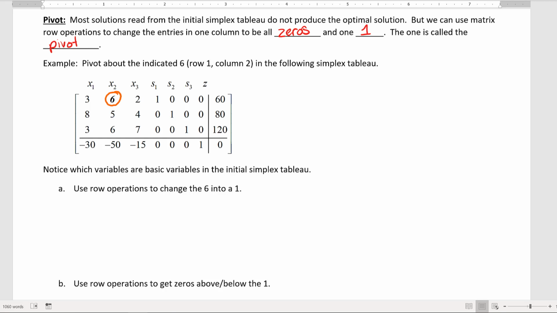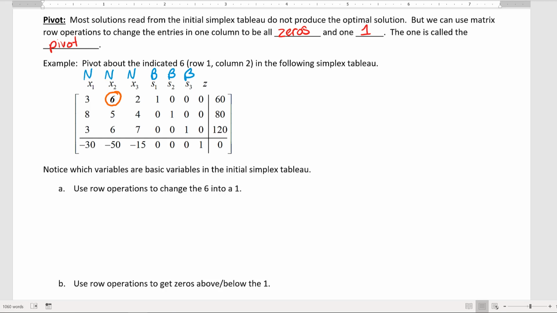Now before we get too far into this, I want to mention that the initial simplex tableau, because S1, S2, and S3 only have 1s and zeros in them, right now S1, S2, S3 are my basic variables, and that means X1, X2, and X3 are my non-basic variables.